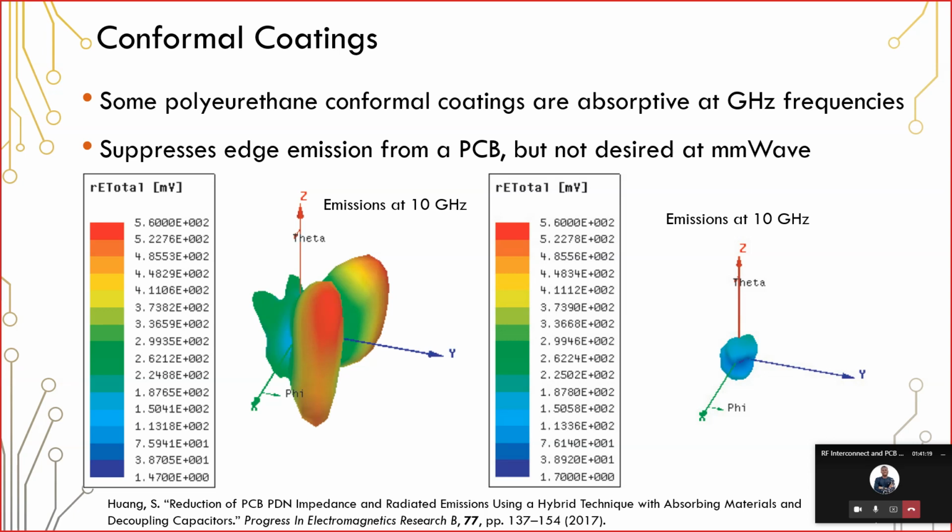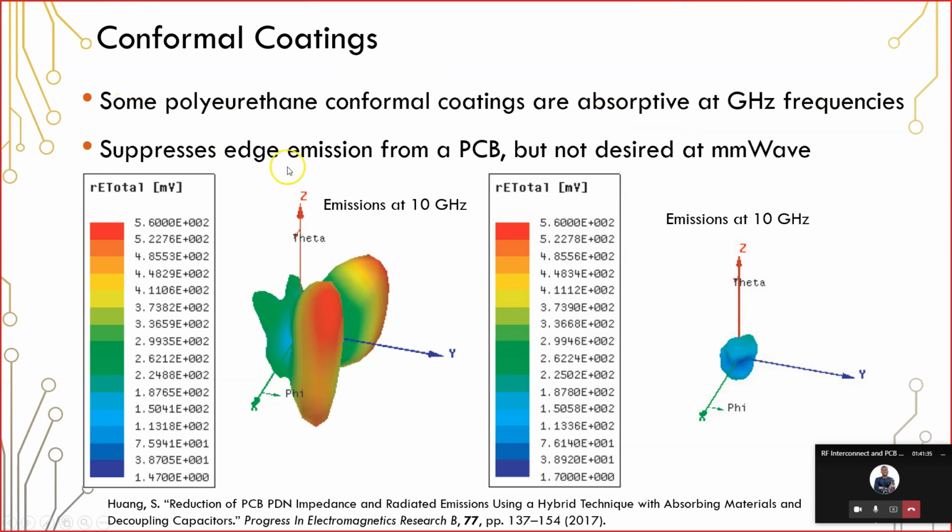However, the problem with conformal coatings and RF designs is that they can very strongly absorb at gigahertz frequencies. At these very high frequencies, they can absorb very strongly.